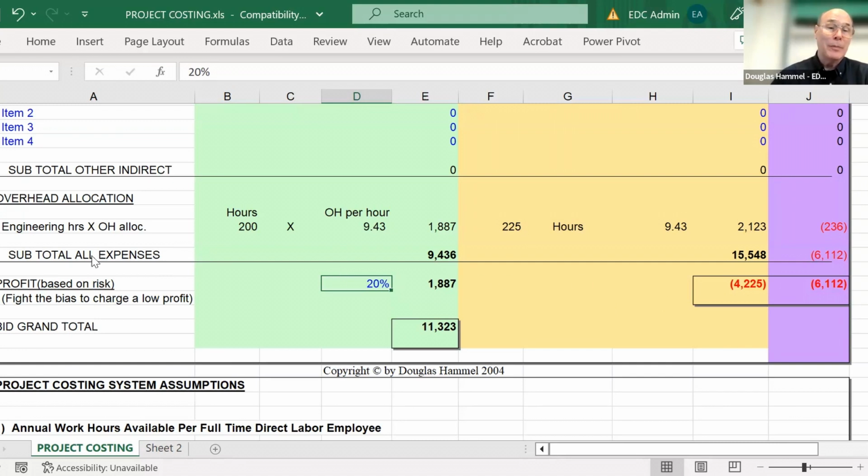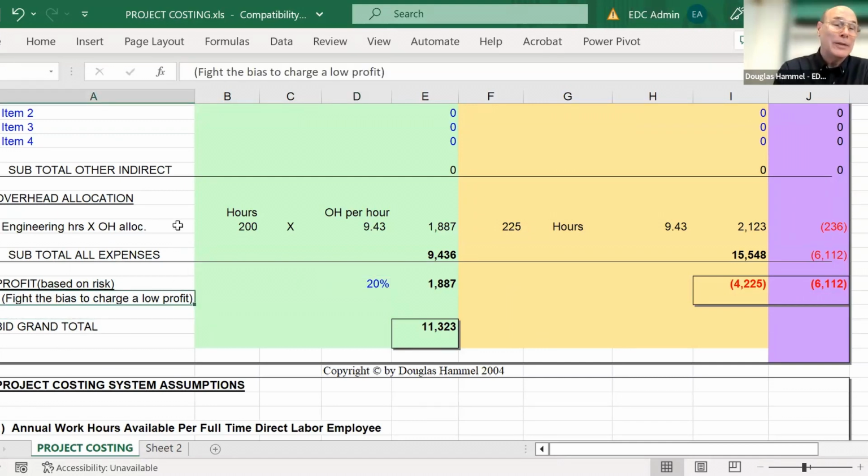And I want to point out this over here in A67. I wrote that in about 10 years ago. It says, fight the bias to charge a low profit. That's because I had a very resistant client, but I had forgotten that was there. And I was sitting with clients doing this, and from the project costing system, they were going to reduce the bid, even though the project costing system was right in front of them.